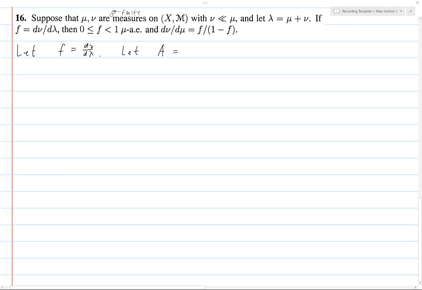Now, let A equal this set of points x such that f of x is less than 0. We want to show that this has mu measure 0, because we're trying to prove that this holds. So assume for contradiction, which I will abbreviate by AFC, that lambda A is greater than 0.